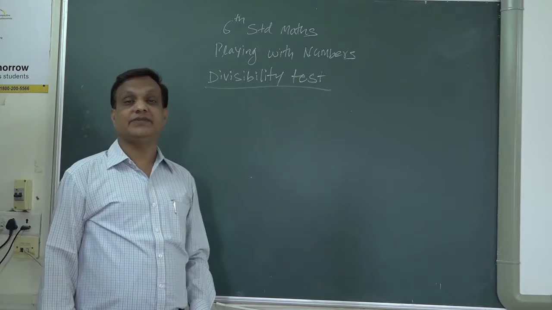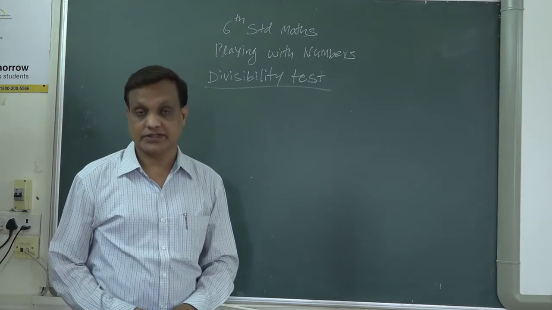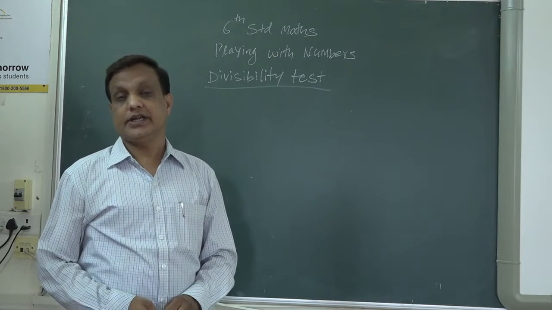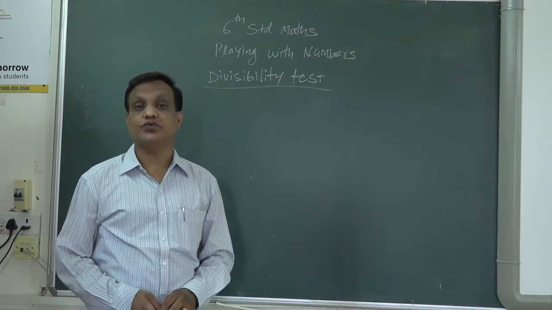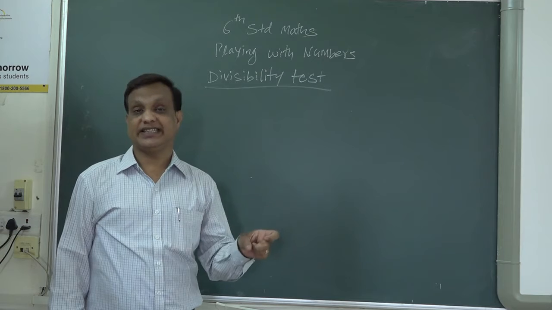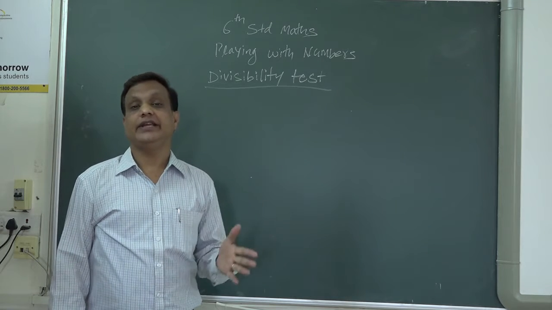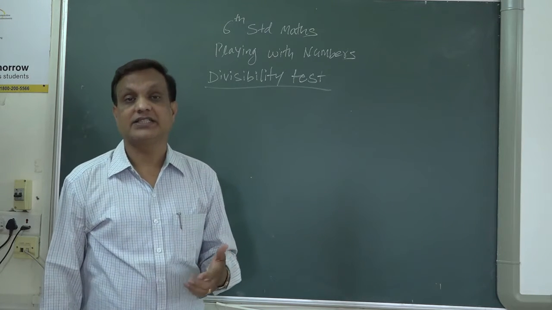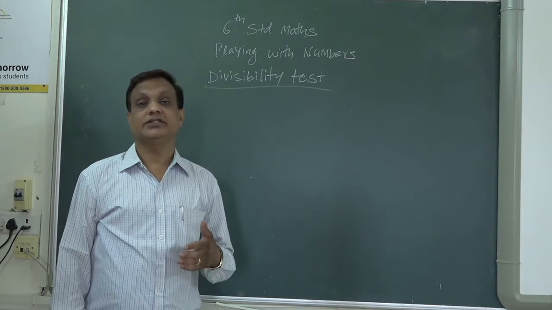Now what is this divisibility test, why is it useful for us, and where to use this? This divisibility test helps us to find whether the given number is exactly divided by 2, 3, 4, 5, 6, 8, 9, 10, 11.